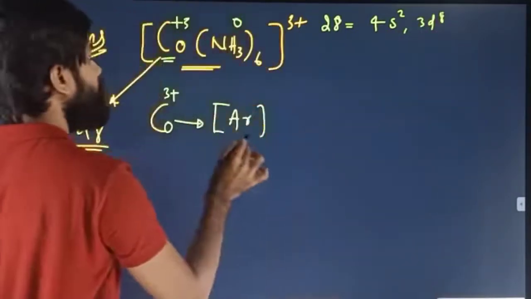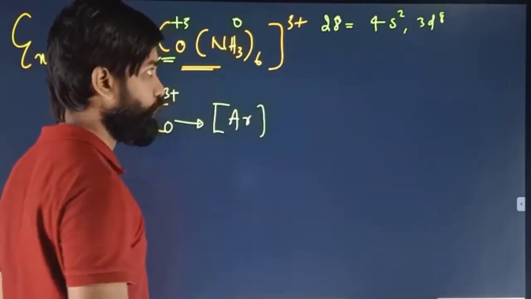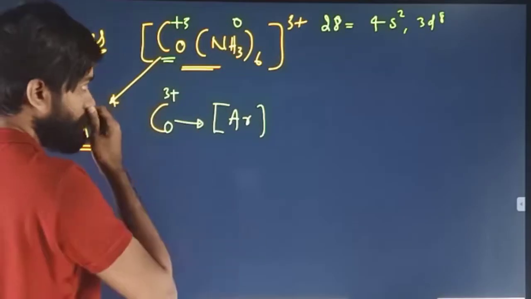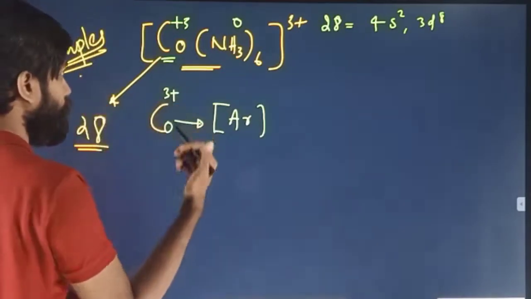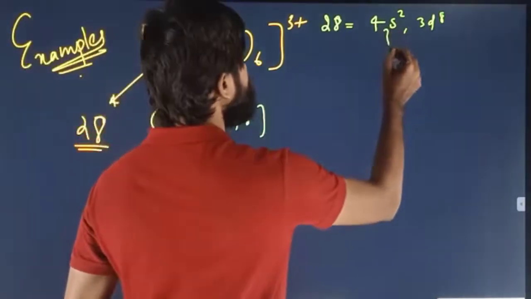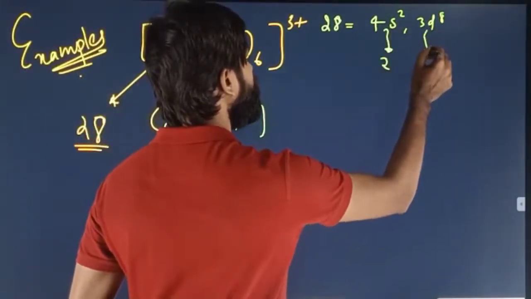For Co3+, the 4s is dropped by 2 electrons, and one more electron is dropped, since the last electrons are ionized, because we want to drop 3 electrons. So 2 from here and 1 from here.